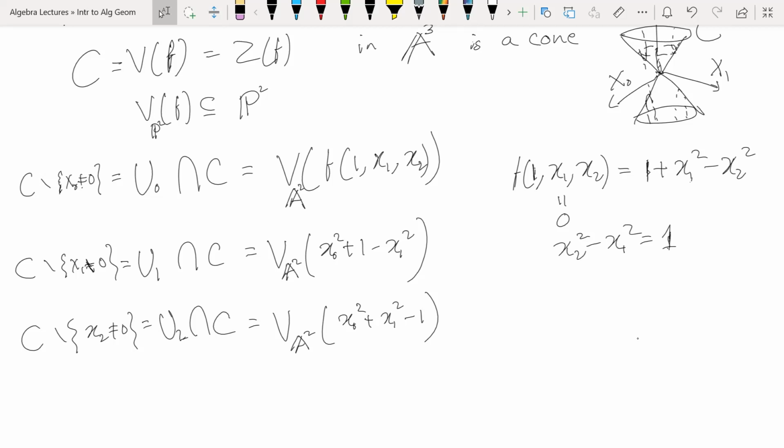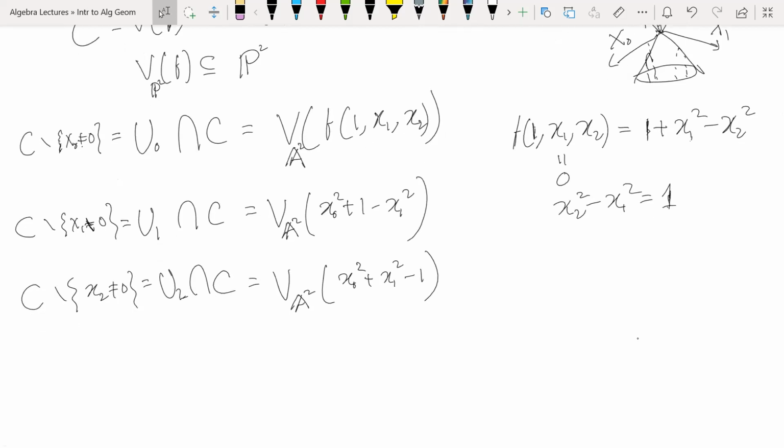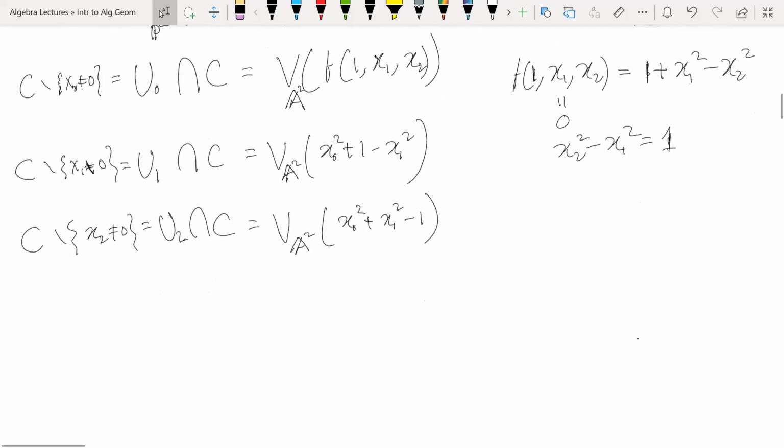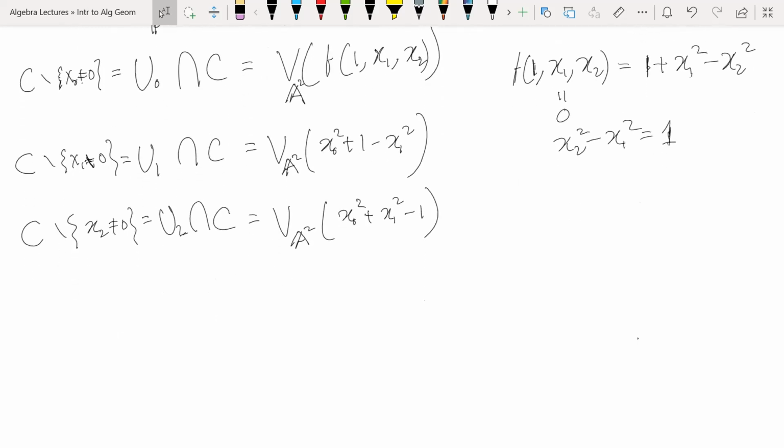So if you remove some points from a hyperbola, you can think of it as a subset of a circle. Similarly, if you remove some points from the circle, you can think of it as a hyperbola. They are what is called birational in algebraic geometry.